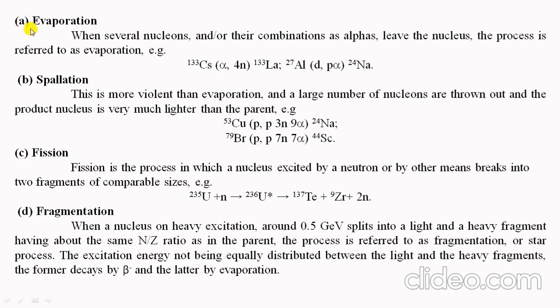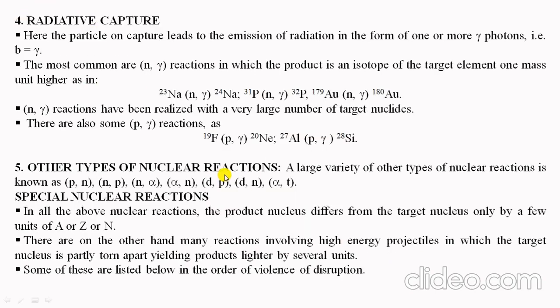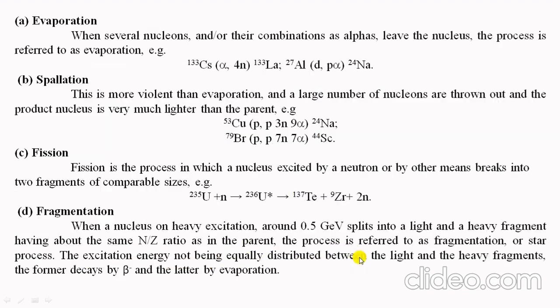The first of this type is evaporation. In this case, with high energy projectiles, the target nucleus is partly thrown apart. So the target breaks, yielding products lighter by several units.